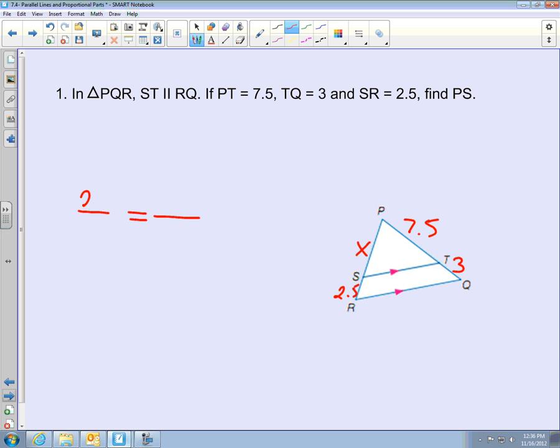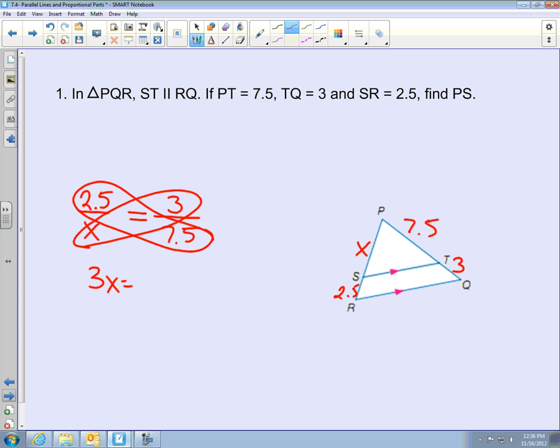So my 2.5 is going to match up with my 3, and I'm going to put the x with the 2.5 because it came from the same side. So I put a 7.5 down here. We're going to go ahead and cross multiply. 2.5 times 7.5 is going to give us 18.75. Divide that by 3, and we find that PS is 6.25.